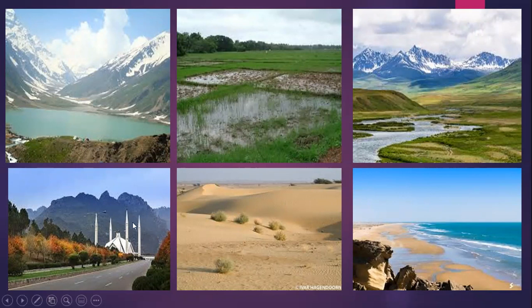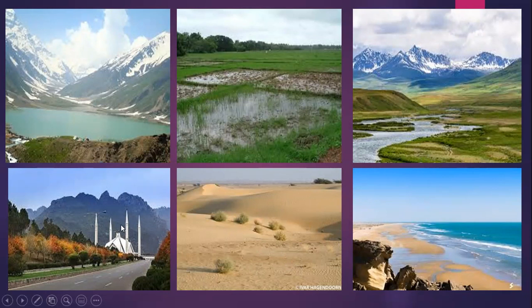This is the capital city of Pakistan, Islamabad, and Faisal Mosque is the identity of Islamabad. And these are what they told us, that in some part, west part and some east part, there are deserts like this. And at the south, I told you Arabian Sea. This is the south beach. You can see this is the south of Pakistan where we have the beach.